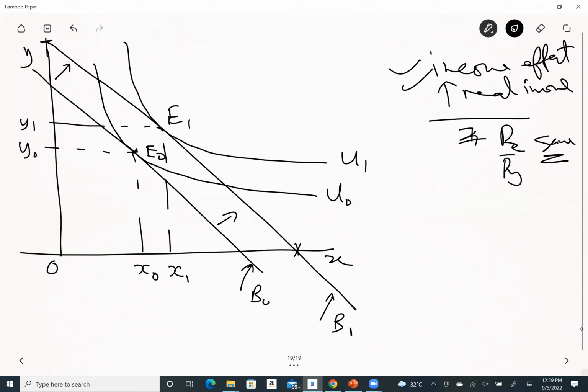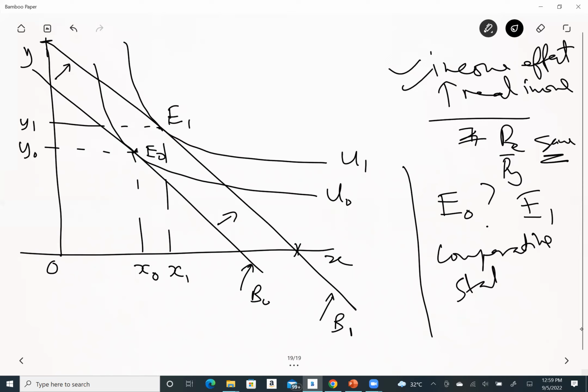So what you do, you describe your E0, describe E1, you make the comparative statics. So you just repeat what we did in the previous subsidy. And then I want you to look at what is the difference.